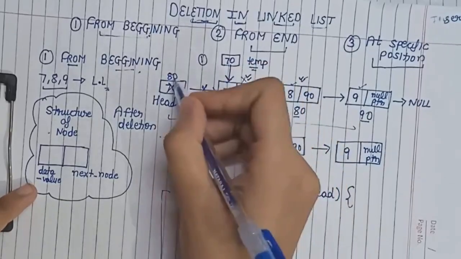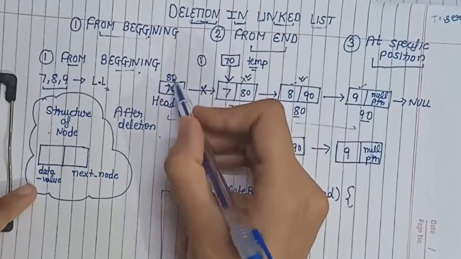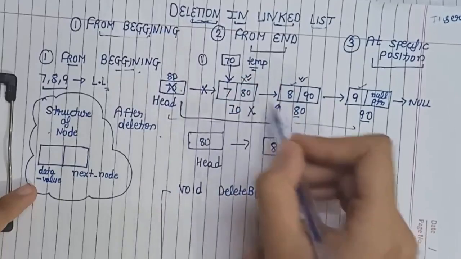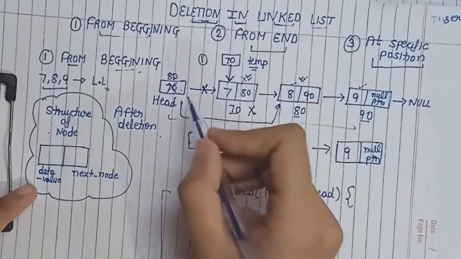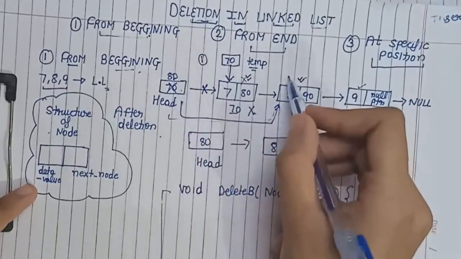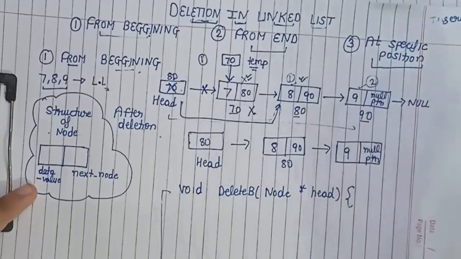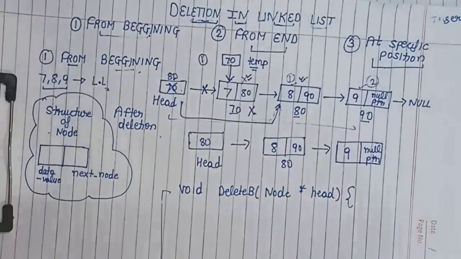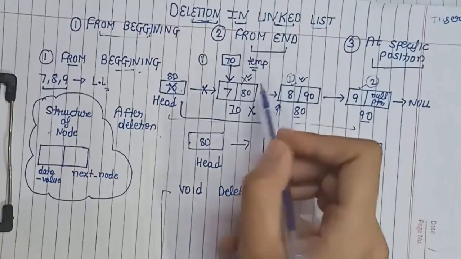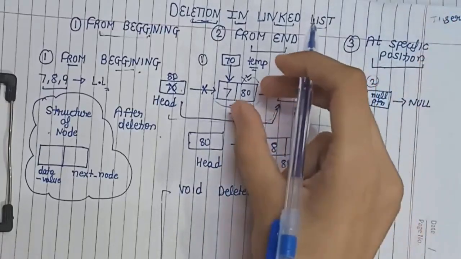Once you have put the address 80 in place of 70, this link will be created in place of this. So you can see that this is the first member of your linked list and this is the second member. And once you have created this linked list, you will delete this particular node using the delete keyword.